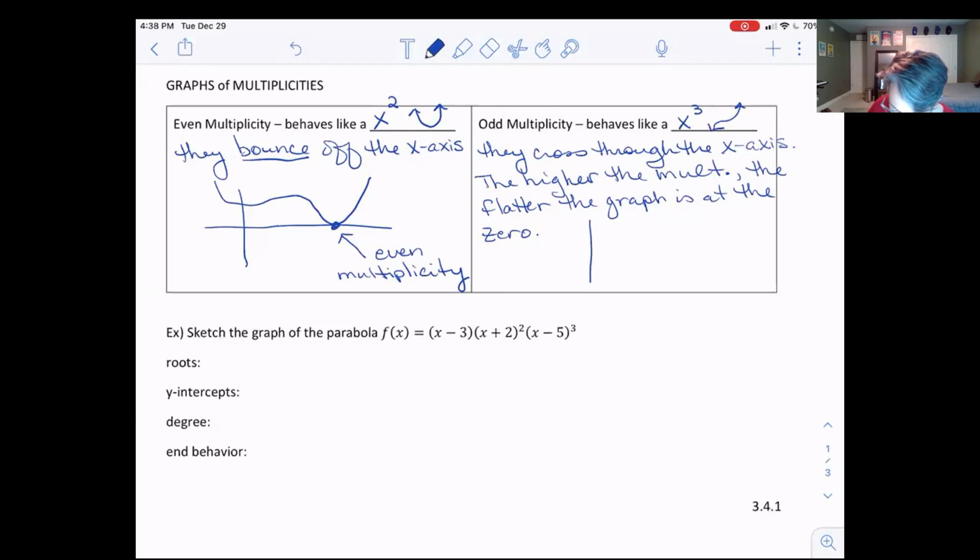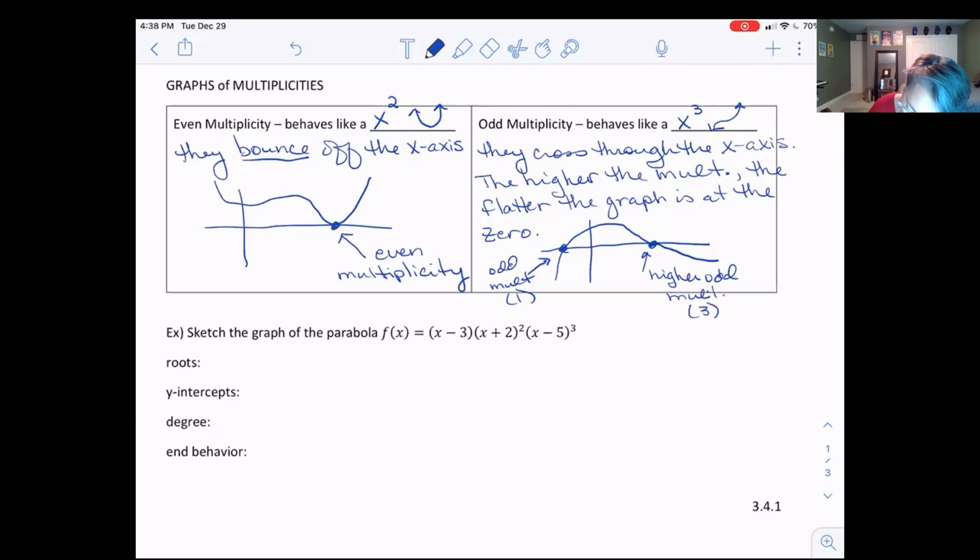So for example, you might have an x-intercept here and an x-intercept there. So this has an odd multiplicity, could be 1, but this has a higher odd multiplicity.